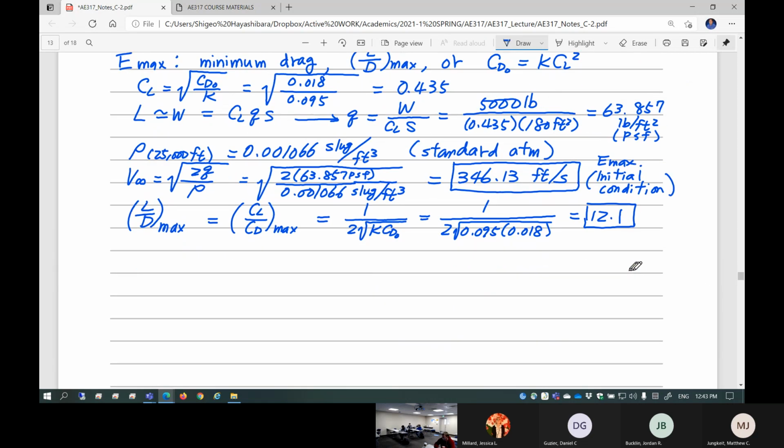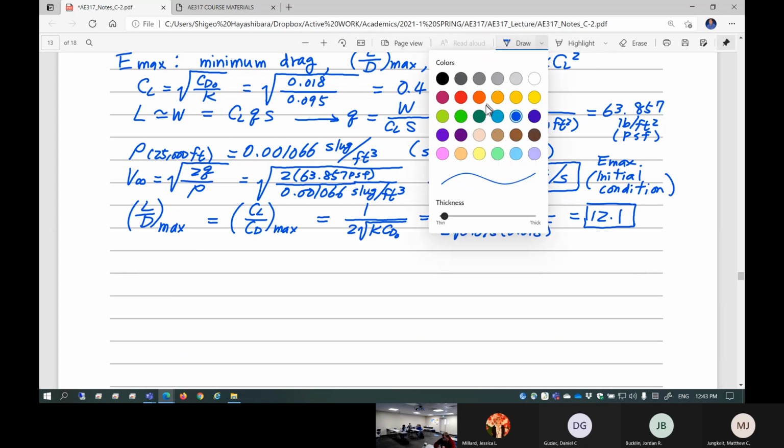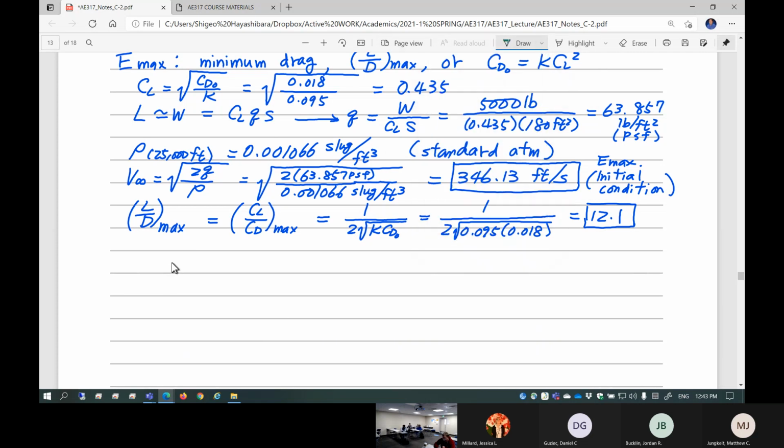Then you need to take care of the TSFC, because it's usually only given for the standard sea level value.